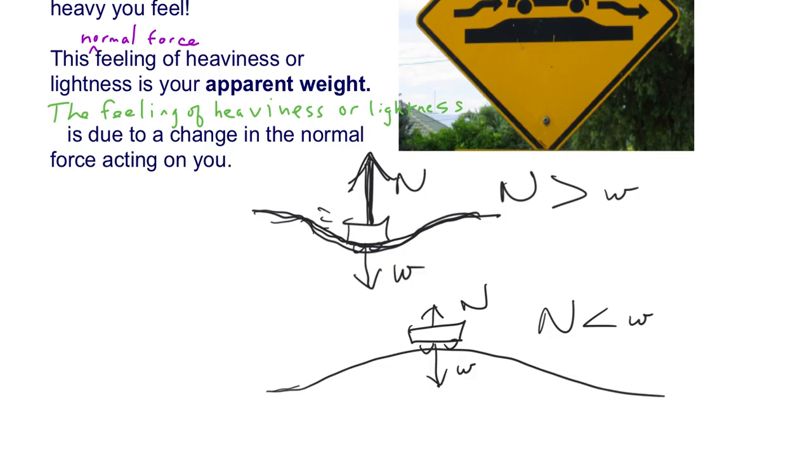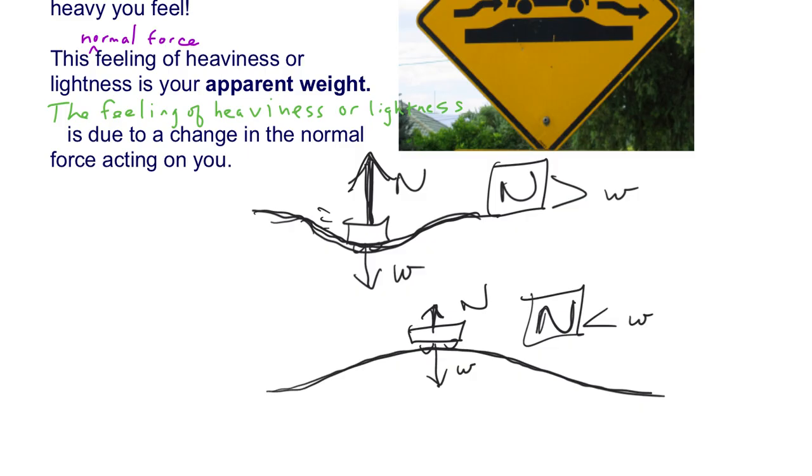If you're going over the top of a hill, you feel lighter. The normal force is going to be less than the weight in that situation. In fact, if you go too fast, you'll fly right off the road.